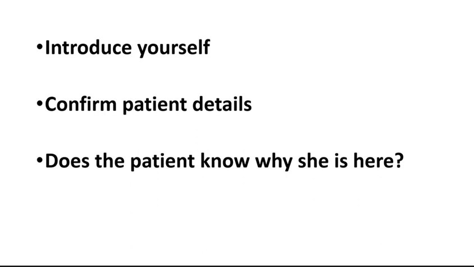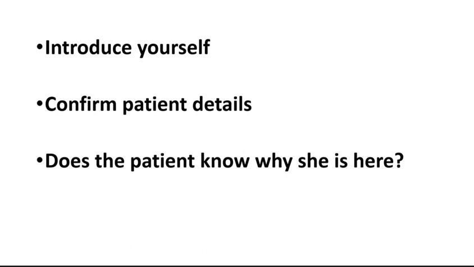Then the third step is always to ask the patient whether she knows why she is here. In any scenario, whenever you're talking to the patient, you always have to find out if the patient is aware why she is here. You can ask direct questions like, "Do you have any idea why we are here today?